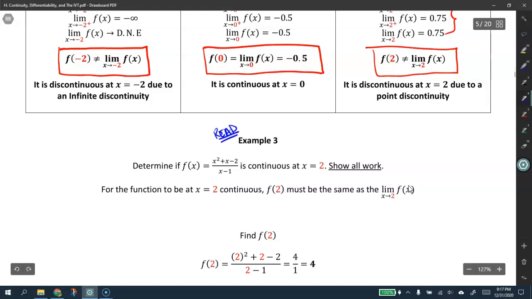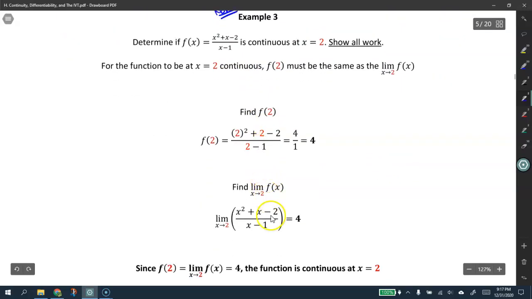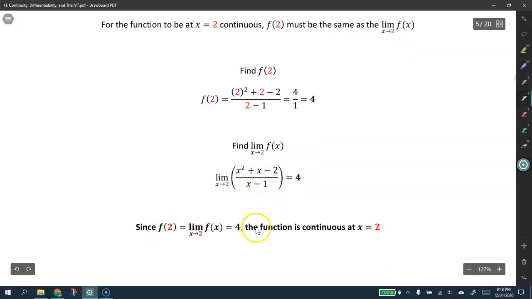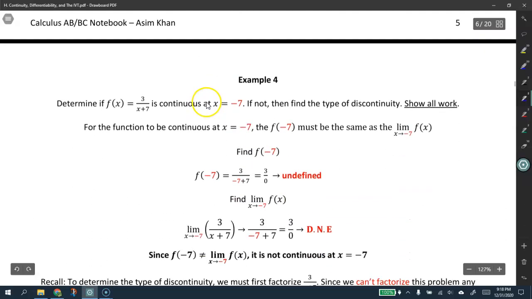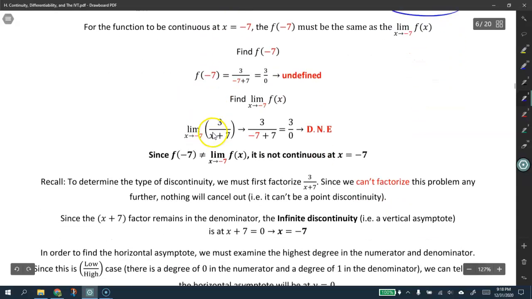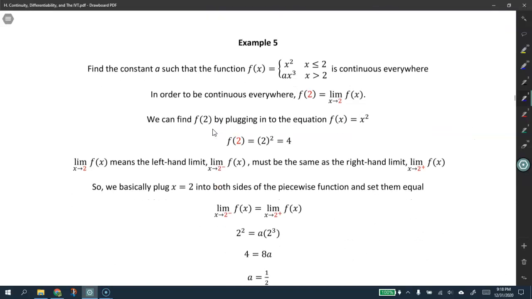Just read example number 3 by yourself and make sure that you know how to show discontinuity or continuity by showing limits and then showing a function's value. So example number 3 is like that. Example number 4 is the same. Remember to show your work when you're going through these, all right? And I've even gotten graphs and stuff like that for you.